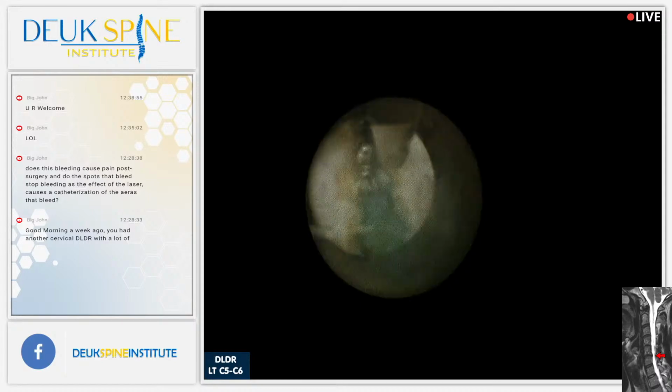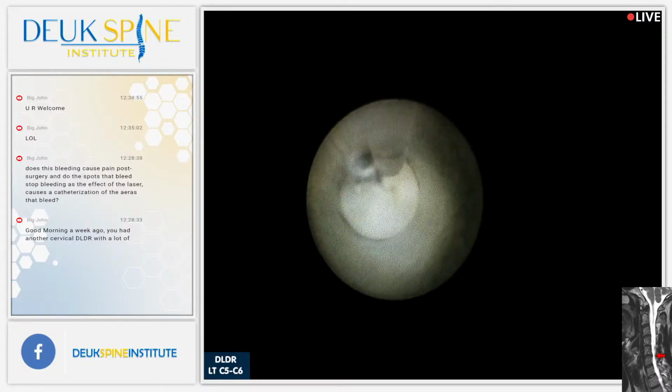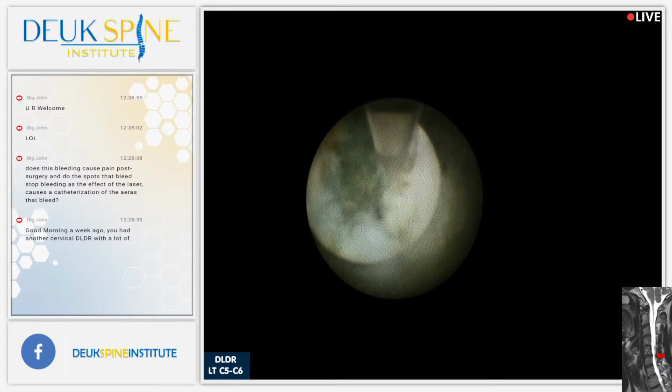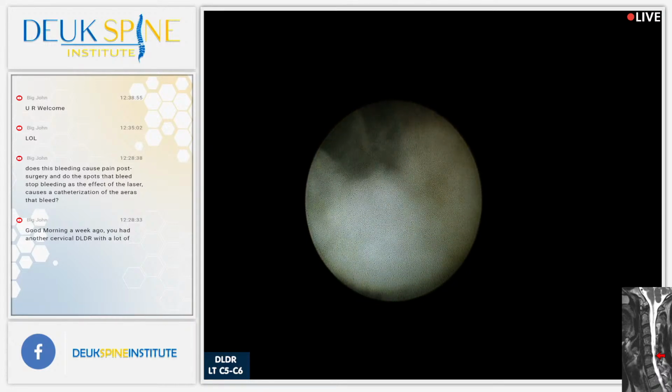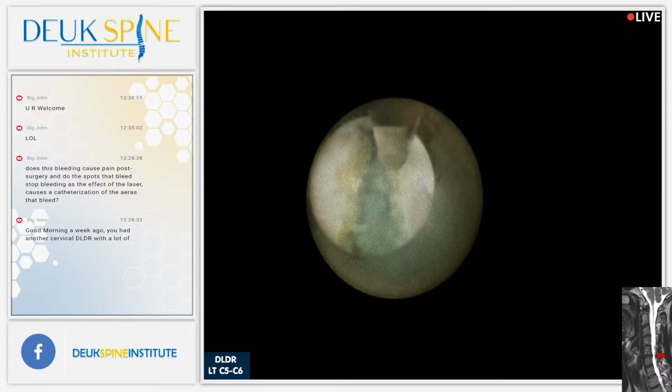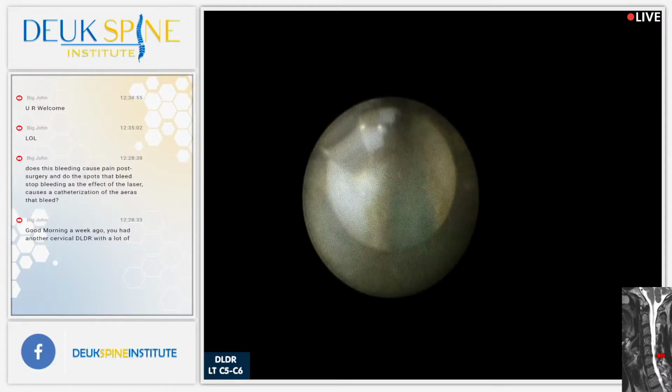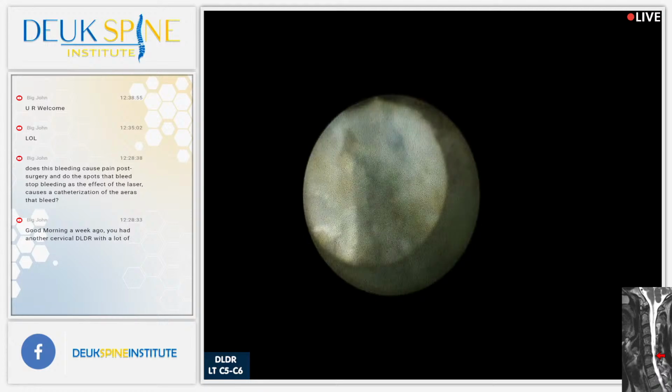All right, that looks pretty good. By the way, check that out. See that white stuff? That's normal disc right there. That's the left side, and that's the side we didn't really have a problem with. But the right side, you could see there was a giant chasm, a giant crack in the back of his disc, and that's what we're here to repair.